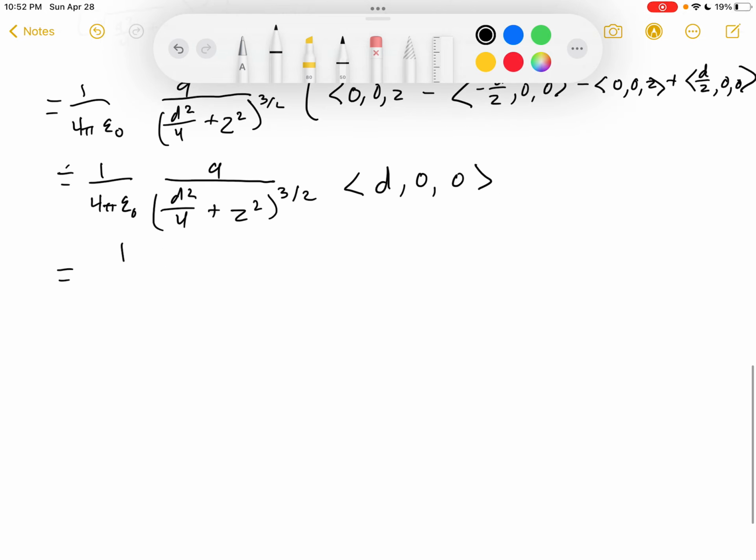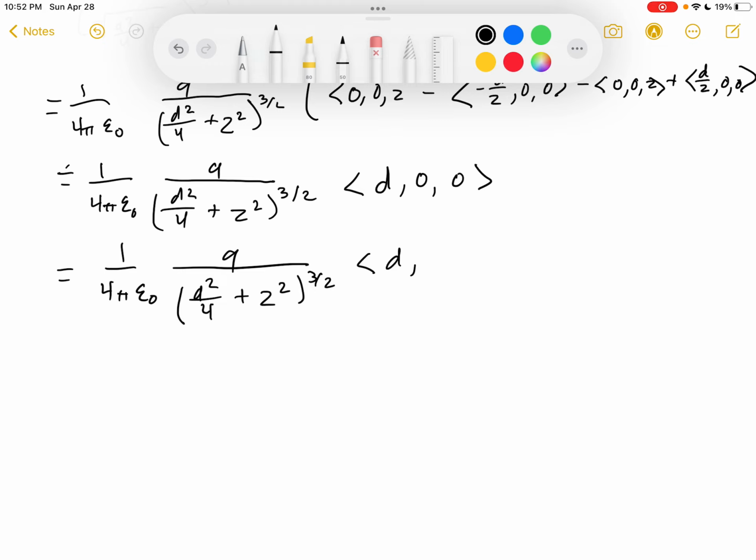We then get 1 over 4 pi epsilon naught times q over d squared over 4 plus z squared to the 3 halves times the vector d.